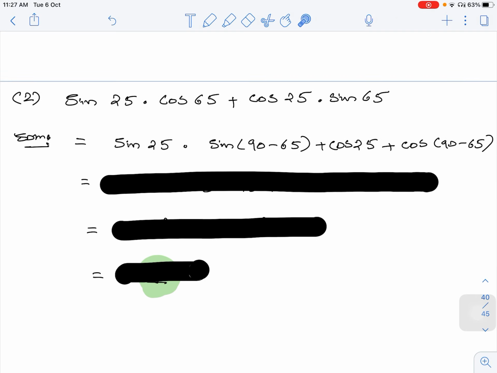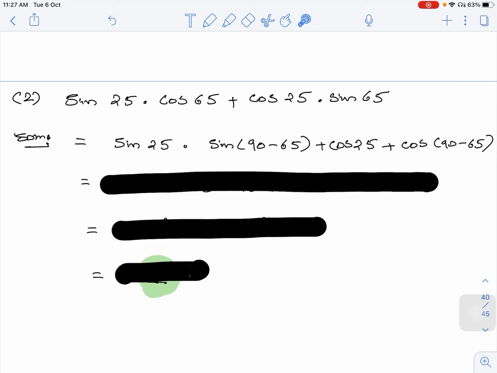So now this sine 25 we have written as it is. Here cos 65 is given, so we have written its complement as sine 90 minus 65. Then the plus sign was there, then this cos 25 we kept as it is. As I told earlier, if you make a change in this angle, here also you have to make the change in the same angle. Cos 25 plus, now this sine 65 can be written as cos 90 minus 65.